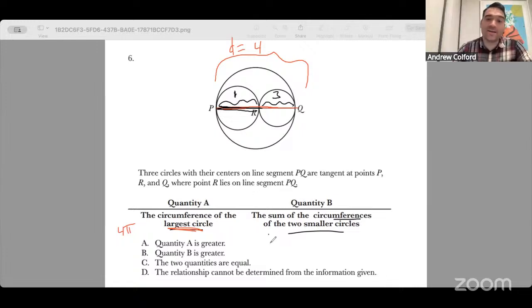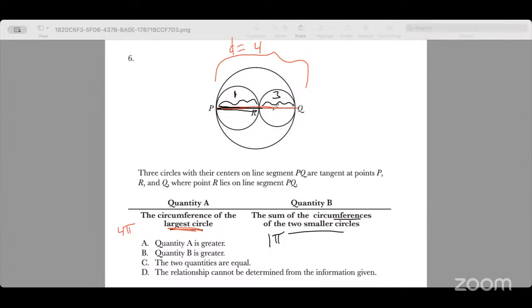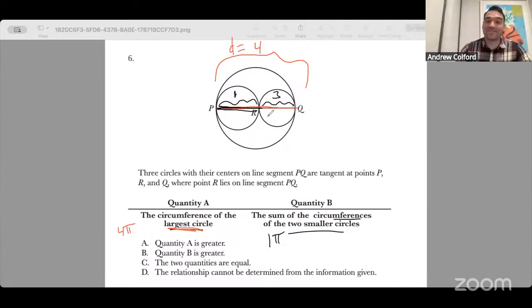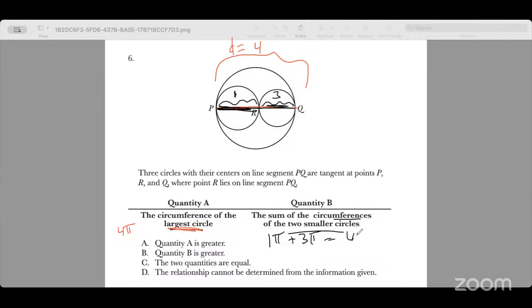And the circumference of this one, with diameter 3, is 3 pi. So the sum of the two smaller circles is what? 4 pi.